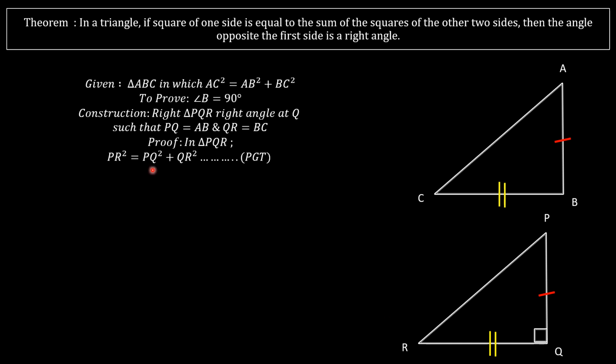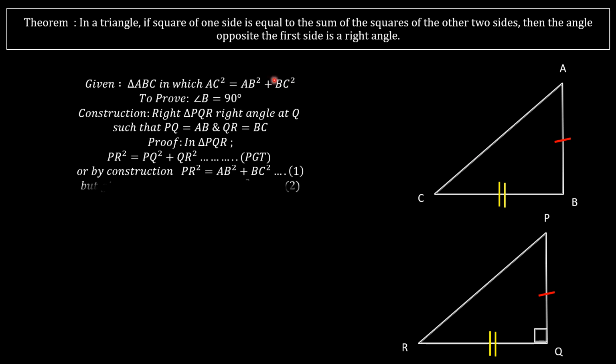Now replace PQ by AB and QR by BC. What we get? PR square is equal to AB square plus BC square. We can replace this because PQ is equal to AB and QR is equal to BC by construction, right? Let this be equation number 1.